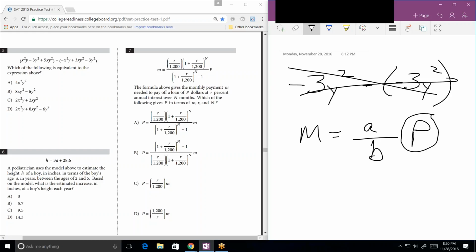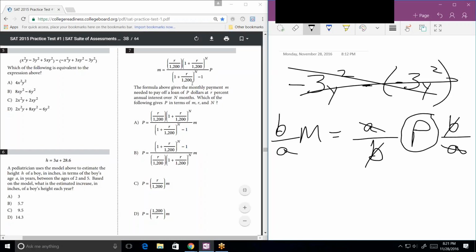How do I get rid of the A and the B? You multiply by B and you divide by A, right? In other words, if I multiply by B and divide by A, and I have to do it to both sides, then the A's cancel and the B's cancel, and I'm left with P. So P would be B over A times M. Simple as that.